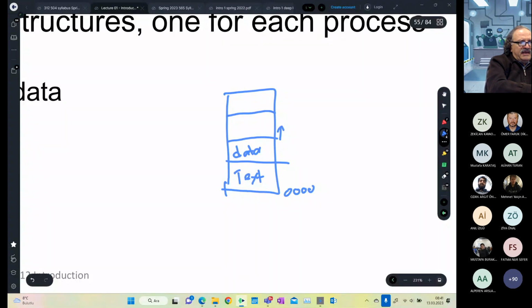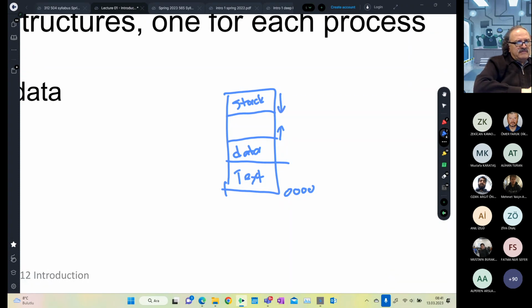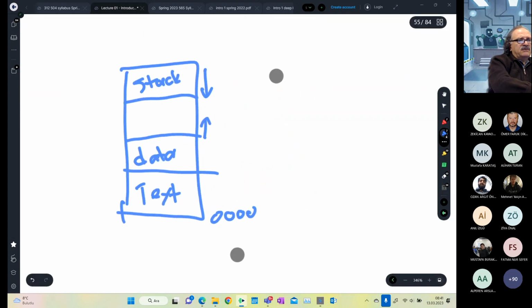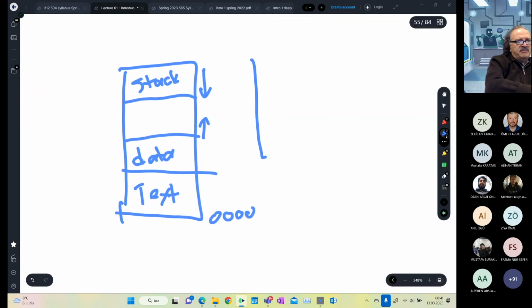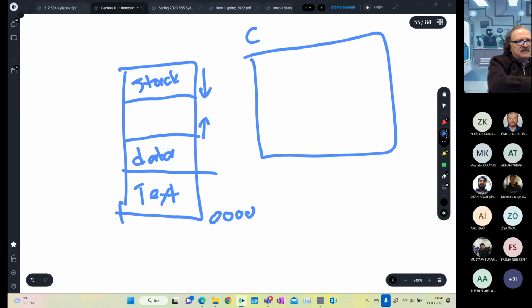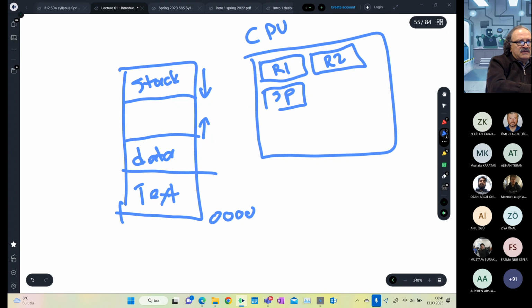And at the top, I have my stack, and the stack is growing downwards. If a program runs, that means the CPU is using it, and the CPU has registers in it, right? Register number 1, register number 2, stack pointer, which points to a position on the stack.